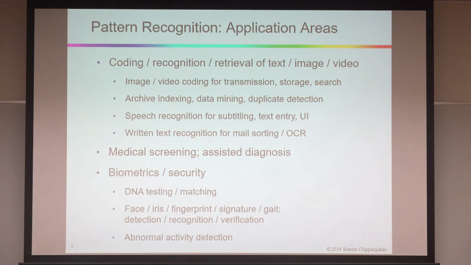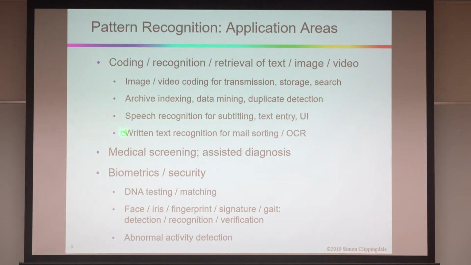They have lots of archives, being a TV company, and we would like to be able to label all the archive video automatically using recognition technology so that we can then search it much more quickly. Data mining, duplicate detection. This is for things like detecting copyright violations.